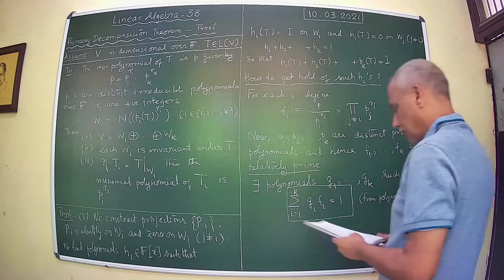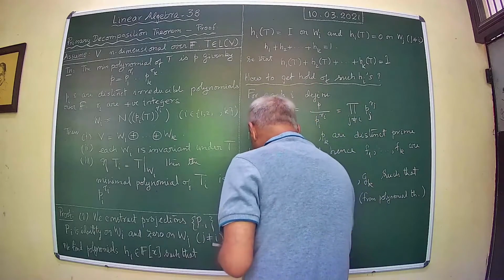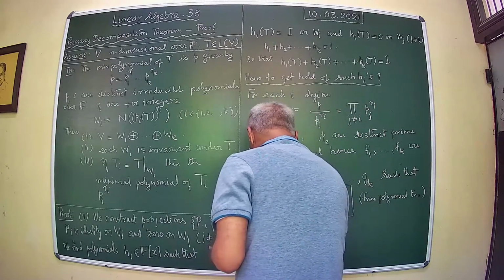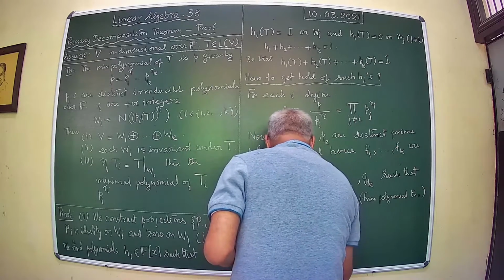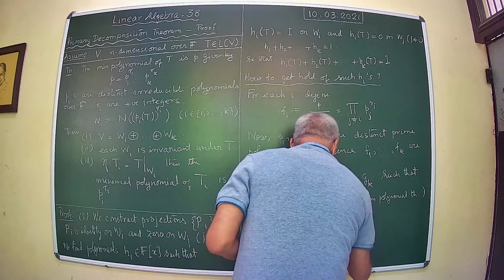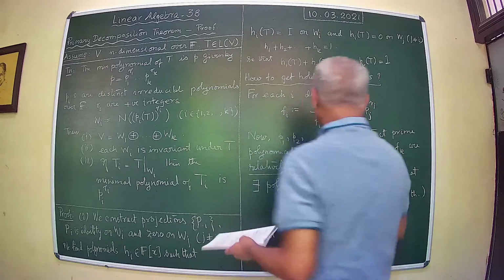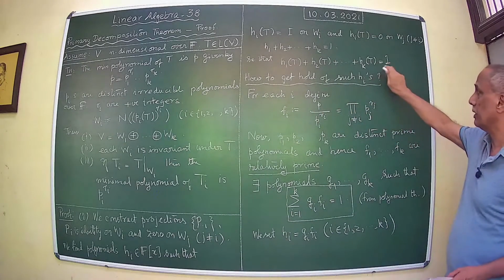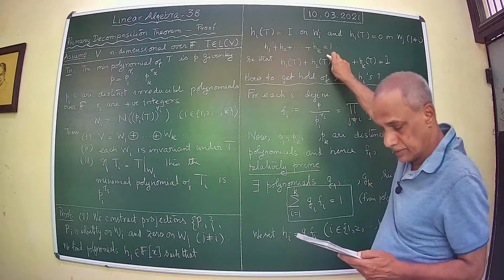Therefore, we have set hi = fi gi, so that this particular relation holds.